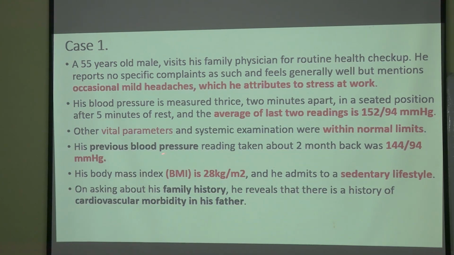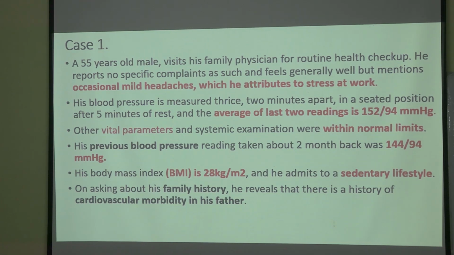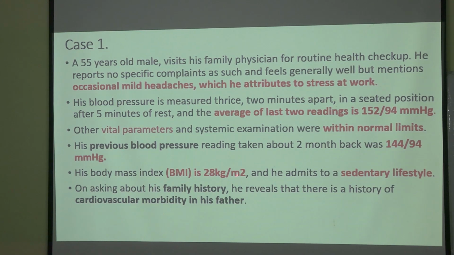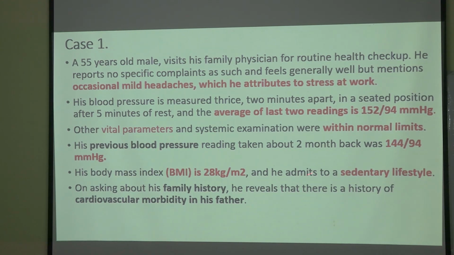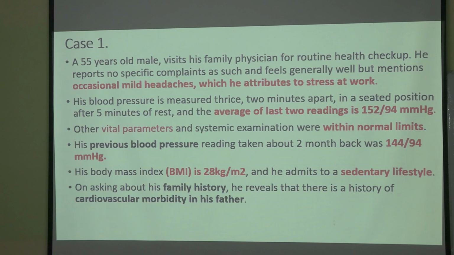His previous blood pressure, taken about 2 months back, was around 144 by 94 millimeter mercury. His BMI is around 28 kg per meter square, and he admits to a sedentary lifestyle. His family history tells there is a history of cardiovascular morbidity in his father.